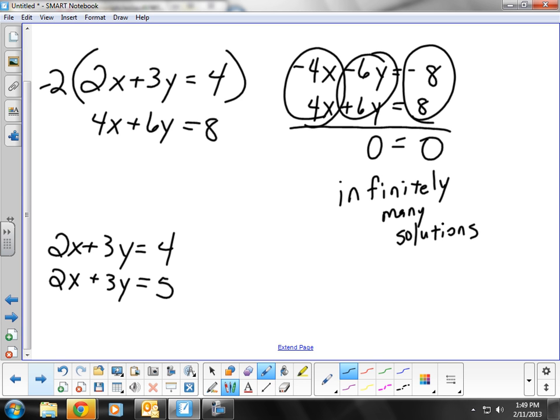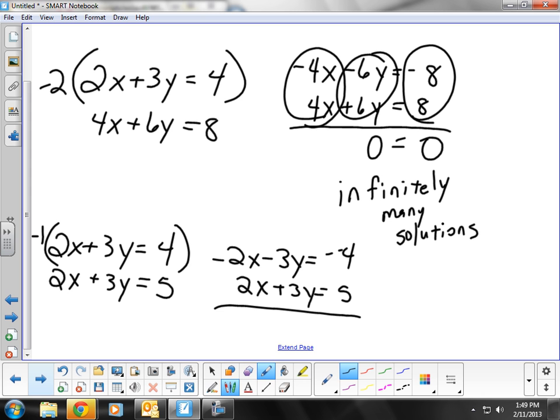So you'd look at this and say, okay, to get rid of x, I'm going to multiply through by negative 1. So I got negative 2x minus 3y is equal to negative 4. And then 2x plus 3y is equal to 5. Okay? We good? So that's a 0 pair.